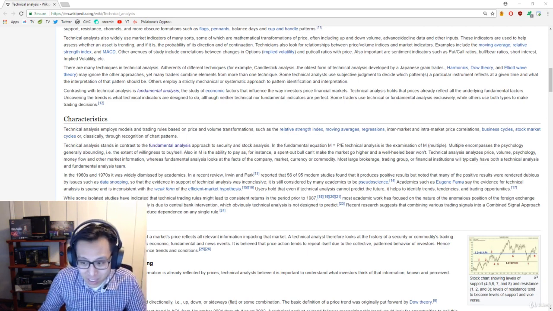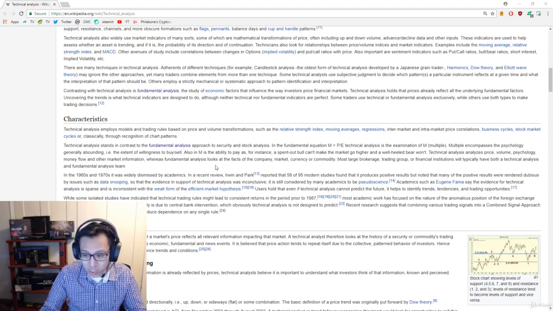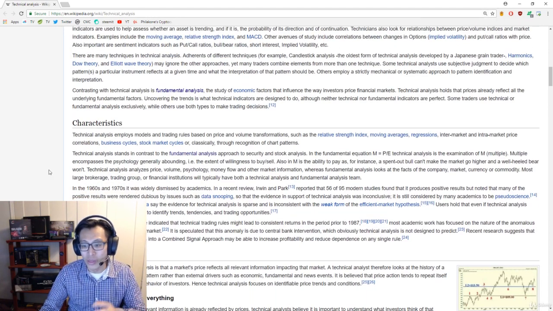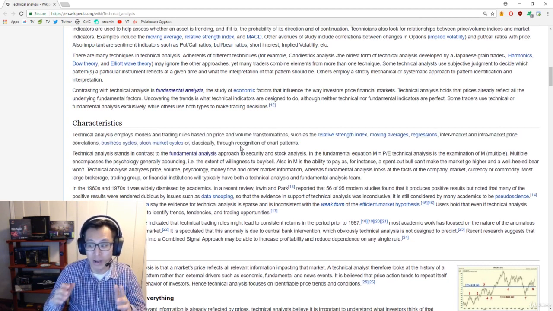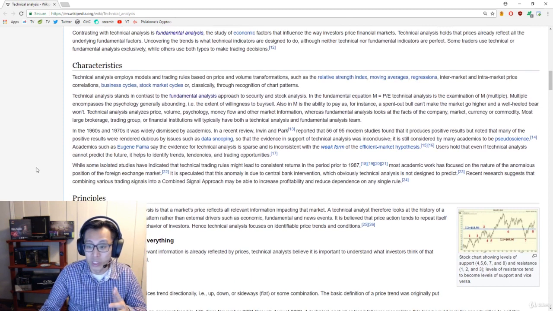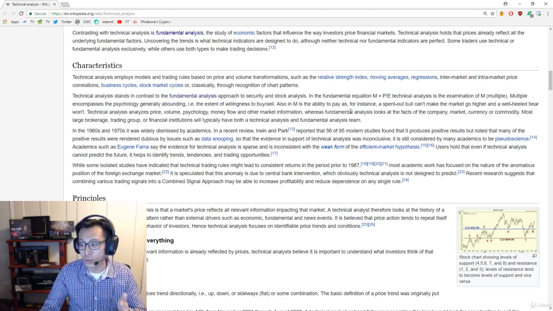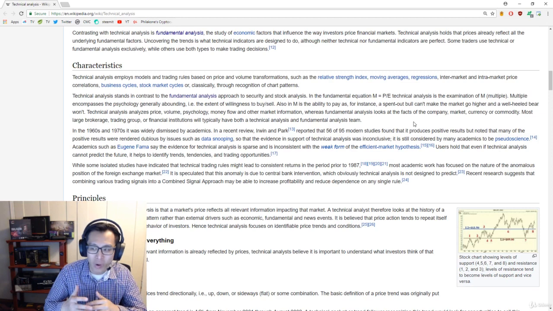But a technical analyst, just to read you guys the formal definition, employs models and trading rules based on price and volume transformations and indicators such as relative strength index, right? So these are very important to understand. So in contrast to the fundamental analysis approach to looking at security or stock analysis, right? We don't really look at, hey, what is the company doing right now? Are they going to make a partnership or anything like that?